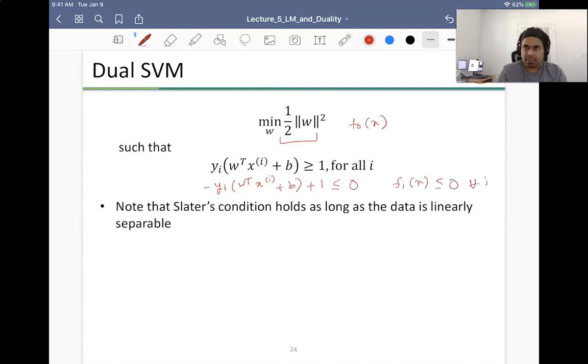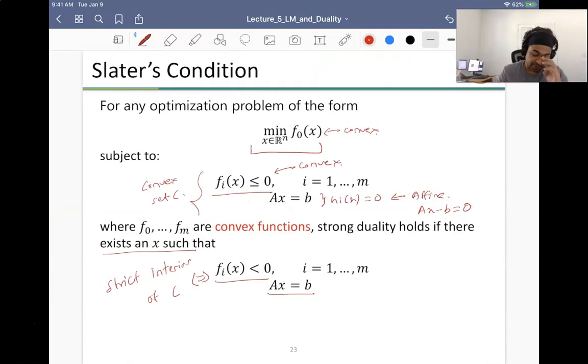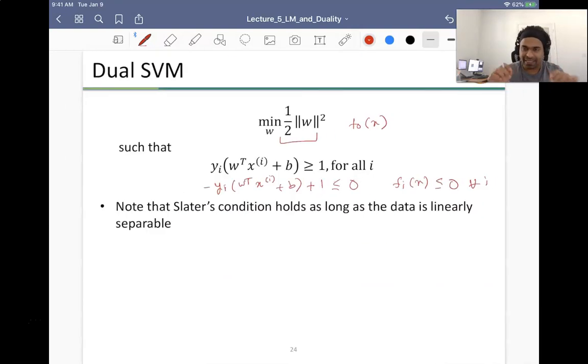The first thing is Slater's condition. We saw last time that Slater's condition requires, first of all, that x should be feasible. In this case, my data should satisfy all constraints, which says that the data should be linearly separable.